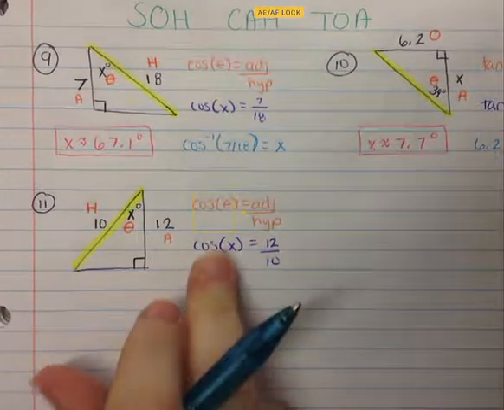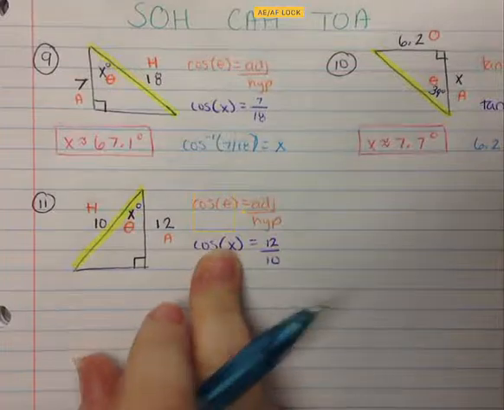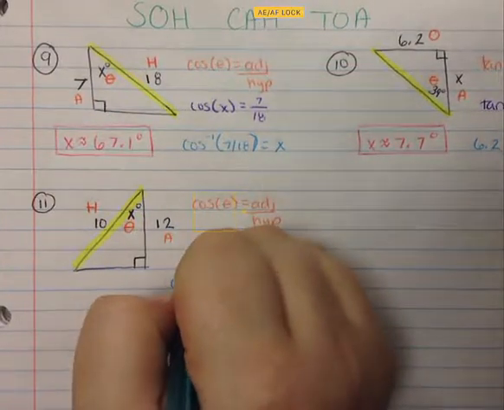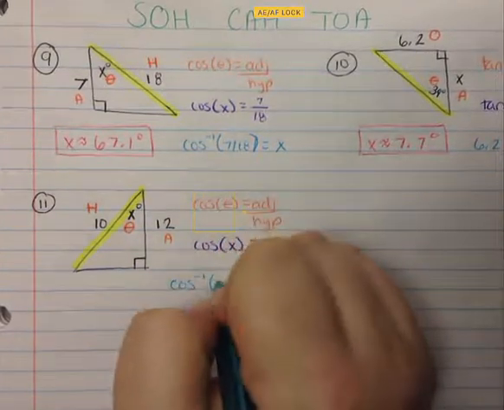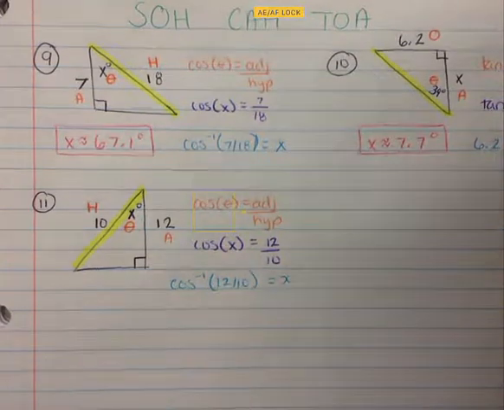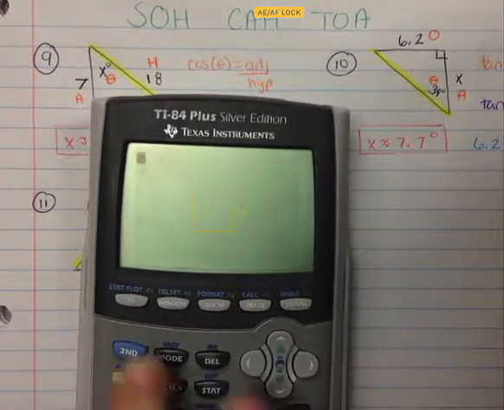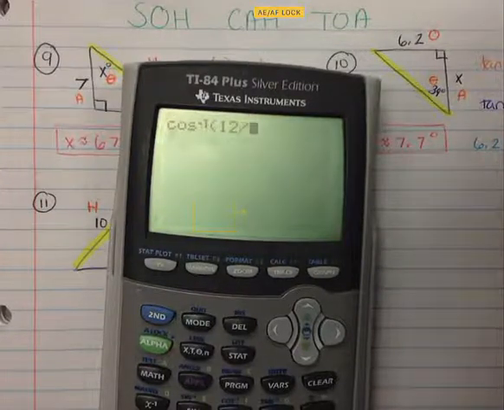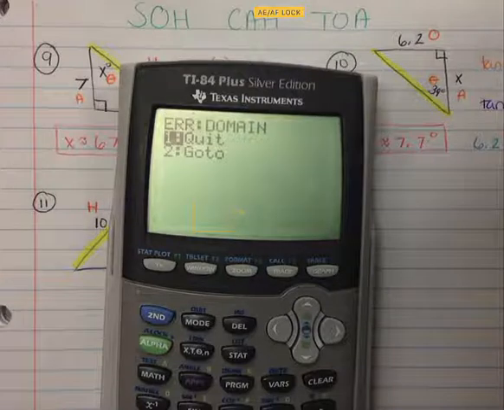If your x is in the parentheses, that means you're finding your angle. That's your inverse. So we have to do cosine inverse of the fraction 12 over 10. That's supposed to give us our x. If we do second cosine, that's how you get the inverse, 12 divided by 10, we get an error.